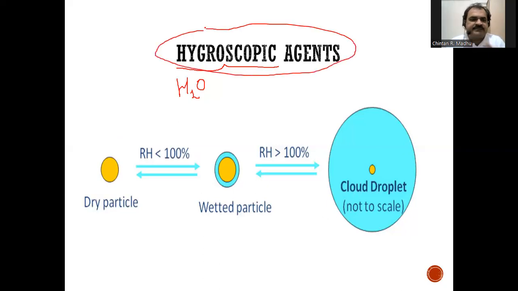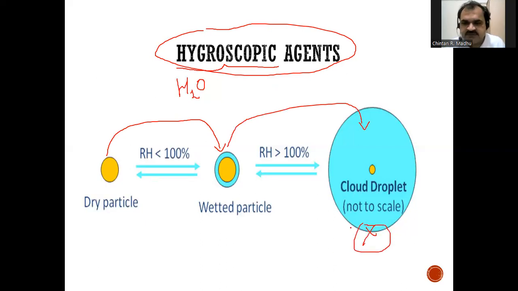This agent will absorb the moisture from your fixing chamber, and that moisture will help to wet your dry dye particle. Now this is wetting, and you can see this is cloud, but this is not what we want. This is what we want, wetted particle.